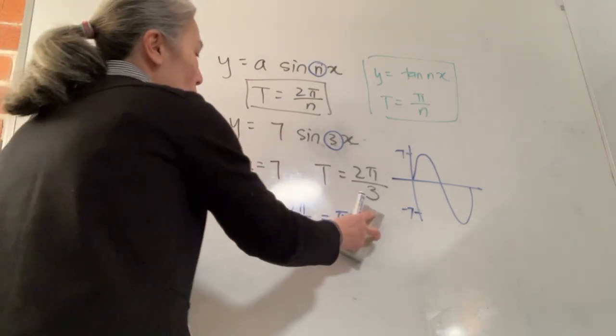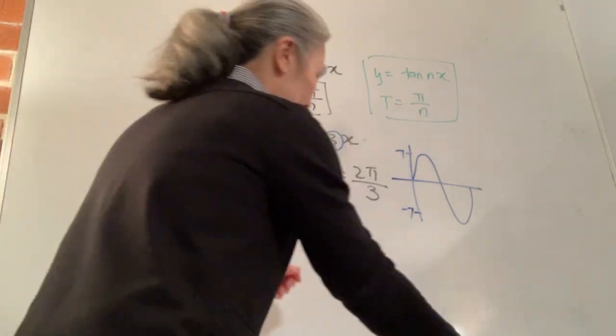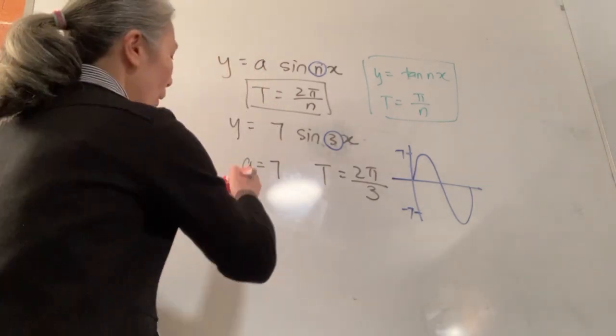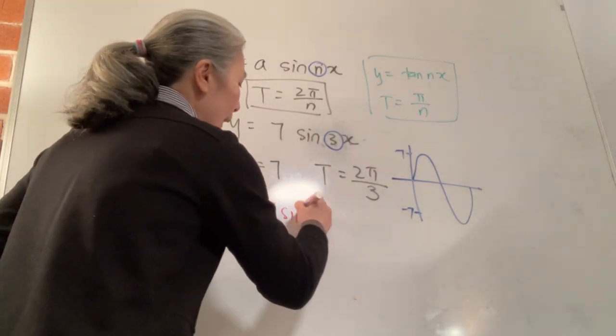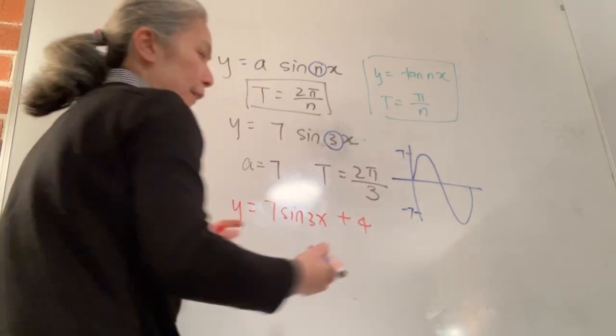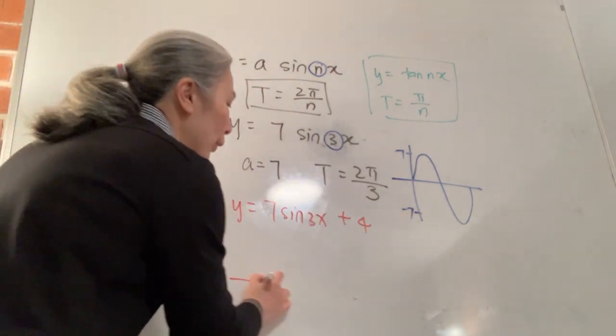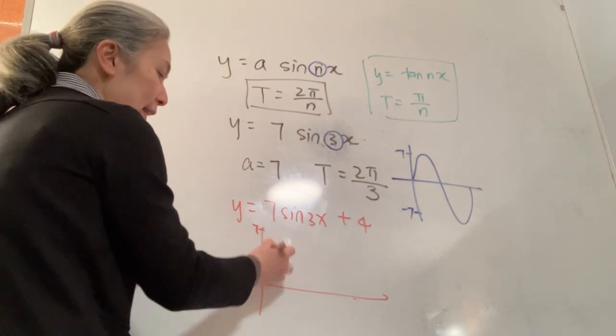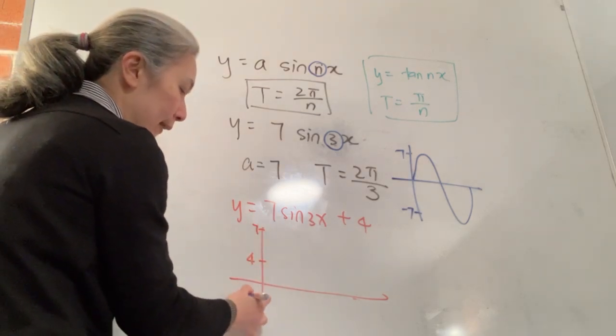Now, what if I have a question like y equals 7 sine 3x plus 4? That means I start from 4, and I go up by 7 and down by 7.